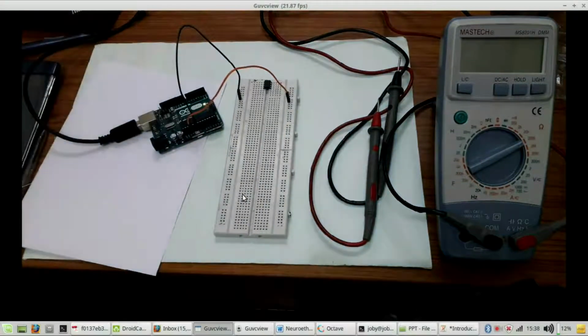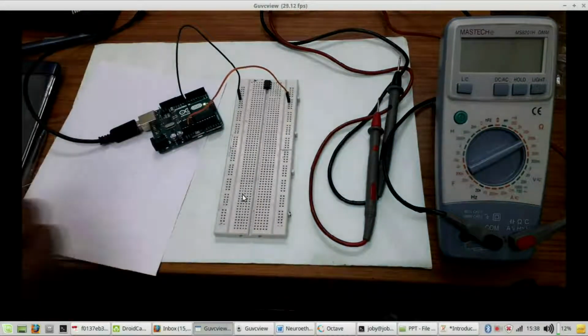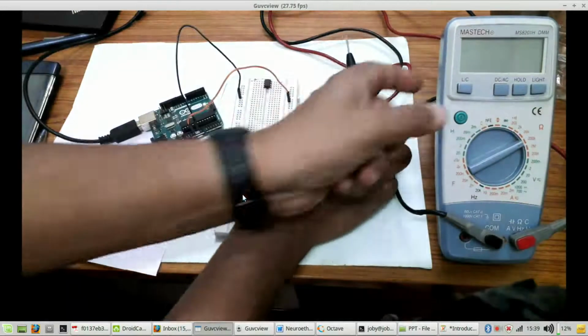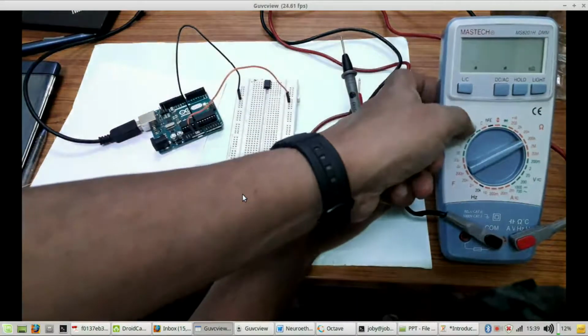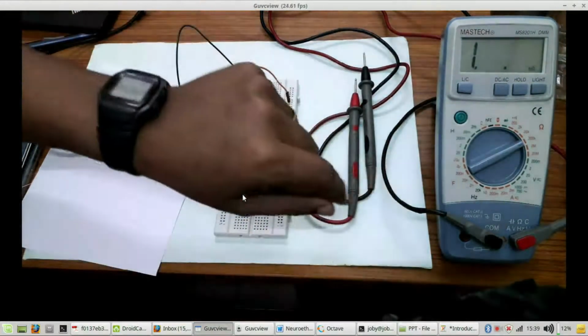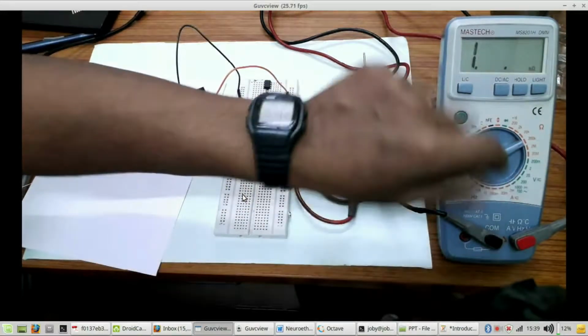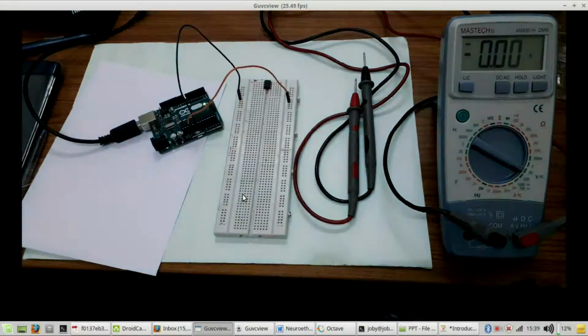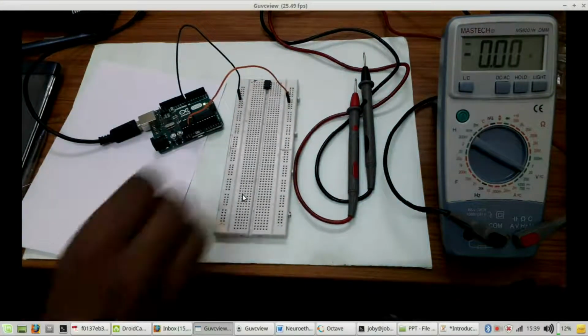Now of course we have to check whether these have actually formed the voltages. We can see the voltage by using our multimeter. We turn on the multimeter, change the measurement to voltage, and we are expecting 5 volts. This is not an auto-ranging multimeter, so we have put in the 20 volt range.